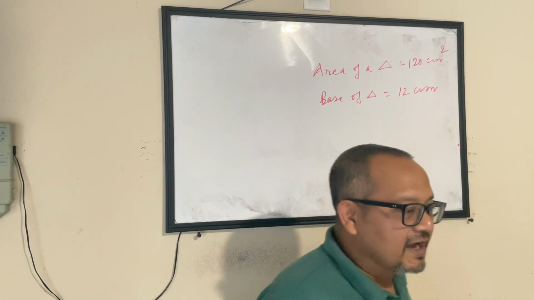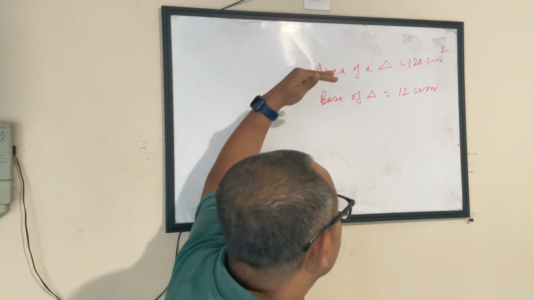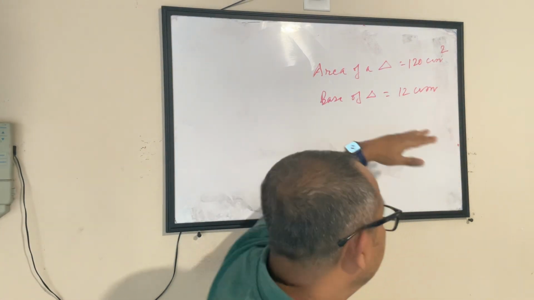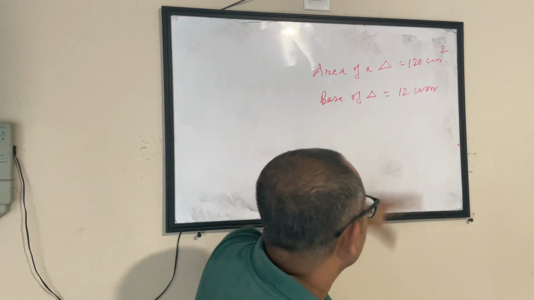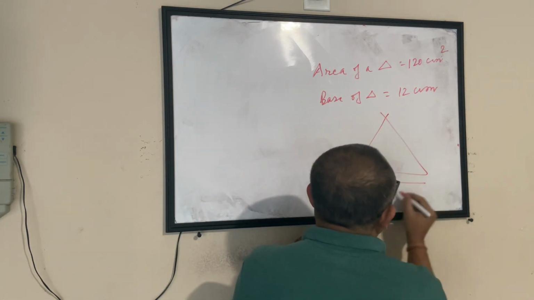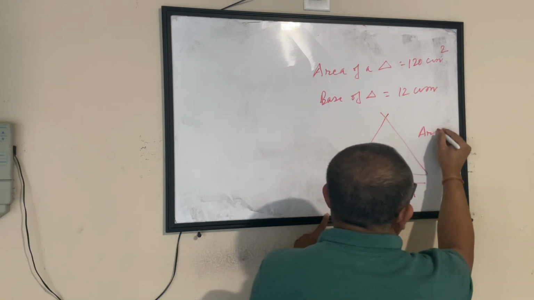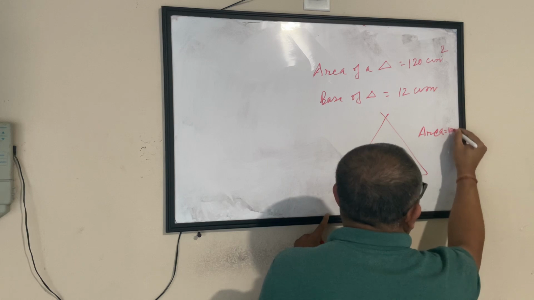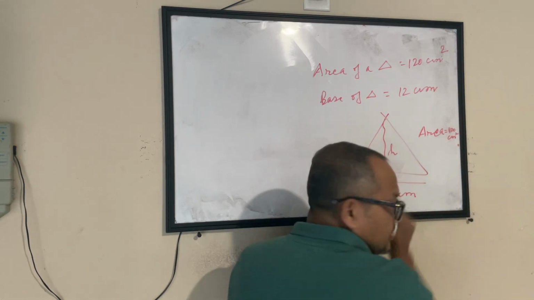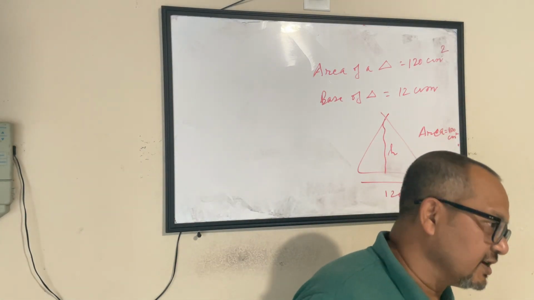So this is the question for you guys to solve. I am saying the area of a triangle is 120 centimeter square. Base of the triangle, if I am saying this is the triangle, I am saying base is 12 centimeter. Area is 120 centimeter square. Find out this height. Find out the height.